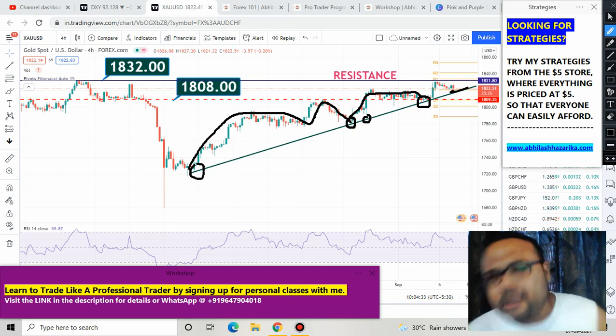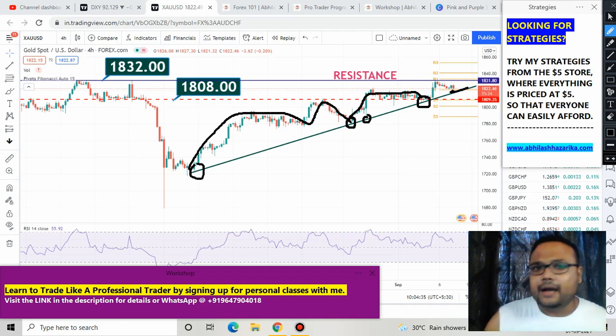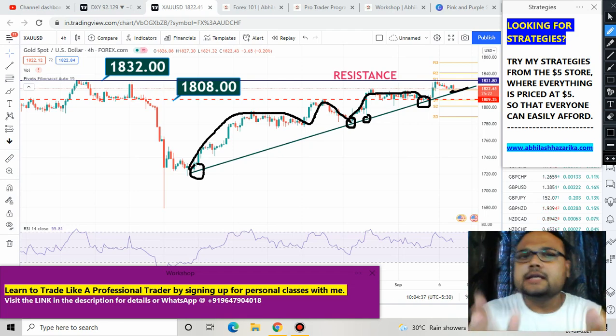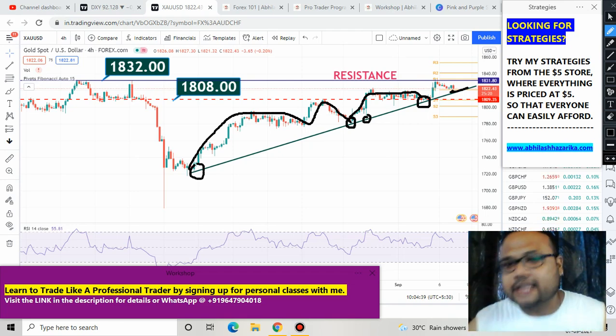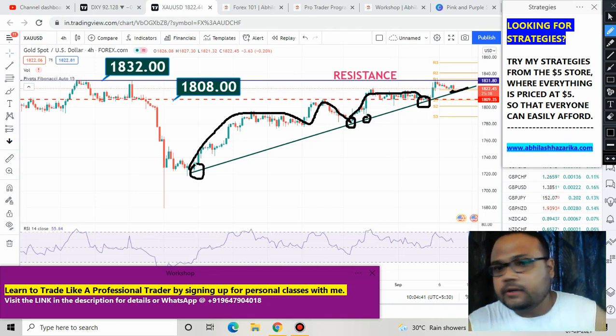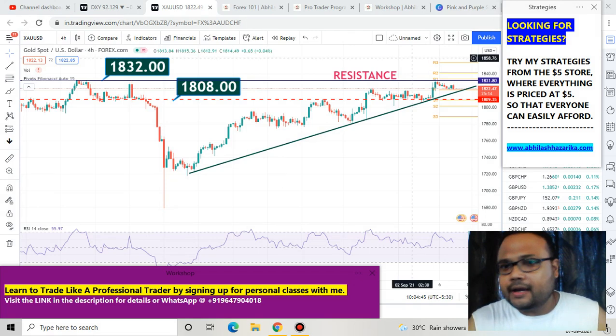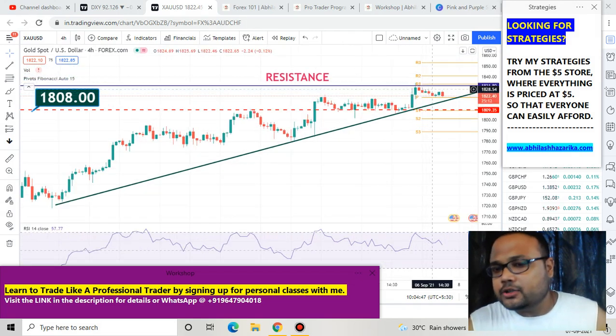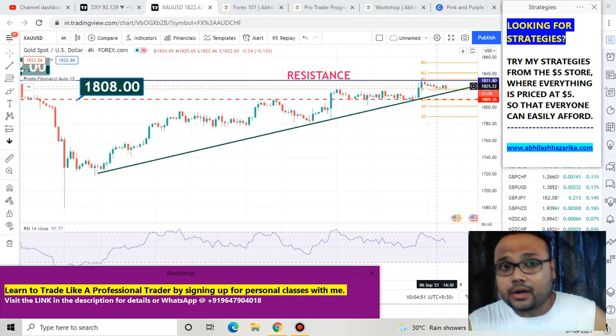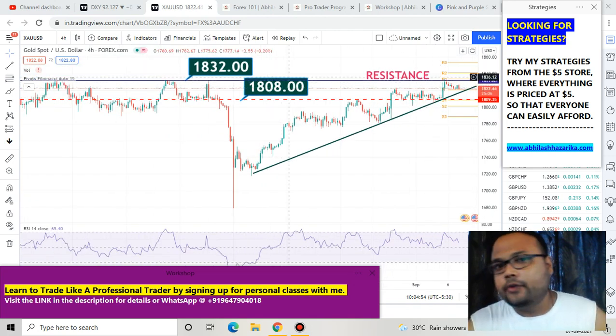But this doesn't confirm that we should go for buying, because there are certain things that you must also understand. Right now gold is trading near the support, and we also have a resistance just above it, at the 1830 or 1832 level.